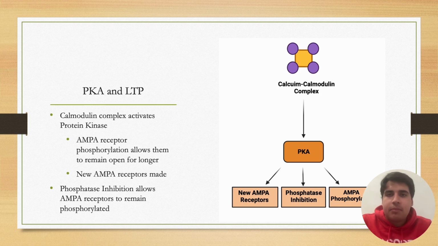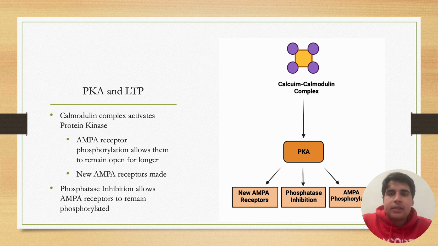Just to name the few most important ones, one of the main ones is making new AMPA receptors. So there are actually more AMPA receptors on the cell membrane during LTP, which means that they are more ready to respond to neurotransmitter release by the presynaptic neuron.